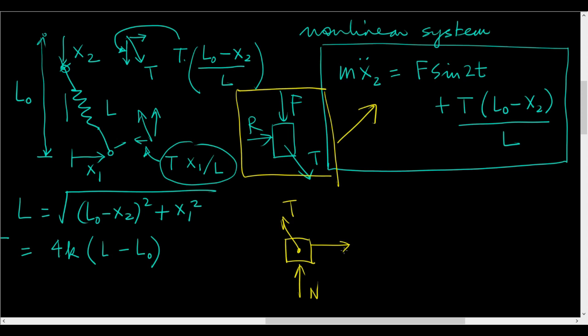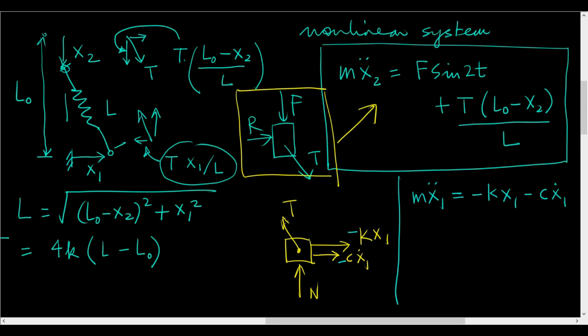There is a force here which is Kx1, and there is another force here which is Cx1 dot, and therefore, because this mass is also the same, I have m x1 double dot equals minus k x1 minus c x1 dot.